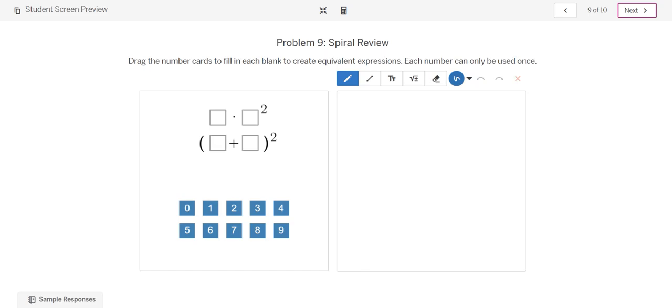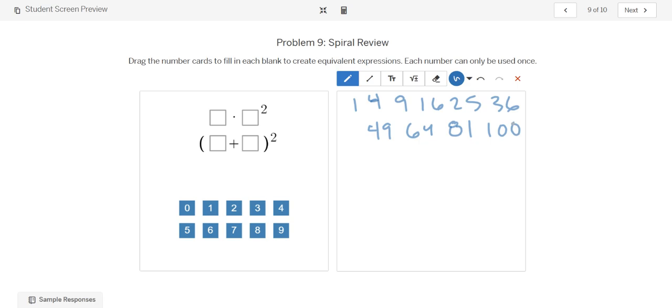Okay, I got a lot of different solutions for this one. So this is kind of how I would think. I look at this, the bottom term is a perfect square. So my perfect squares are like 1 times 1 is 1, 2 times 2 is 4, 3 times 3 is 9, 16, 25, 36, 49, 64, 81, 100.